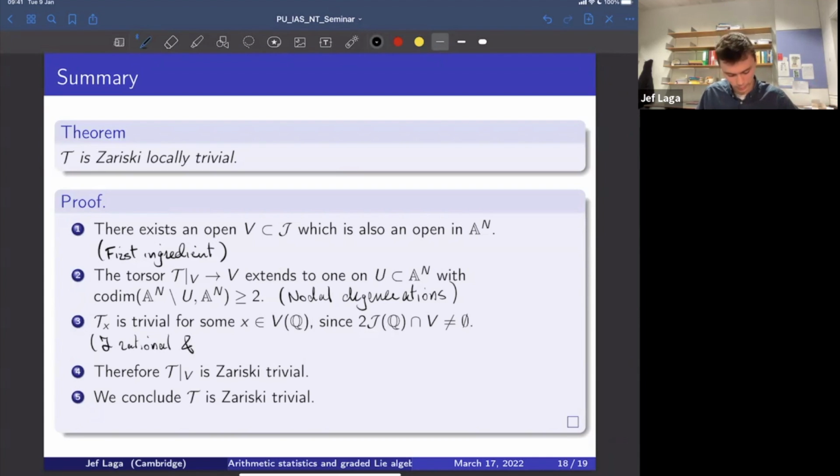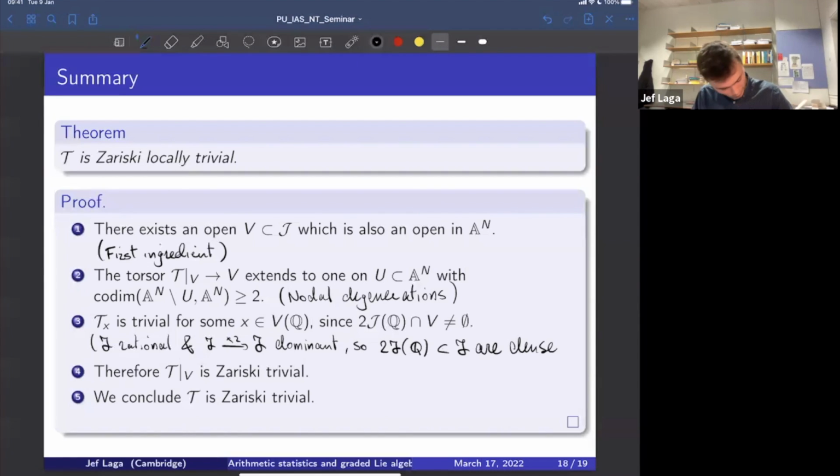So there's a multiplication by 2 map. This map is dominant. So that means that the image of the rational points under this map are dense in here, which is strange because the fibers of this map are abelian varieties and we don't really understand their rational points, but somehow the total space has many rational points.